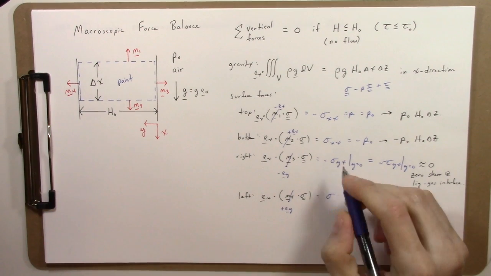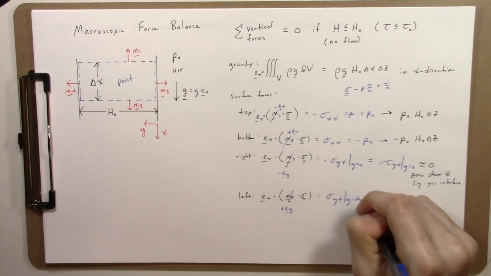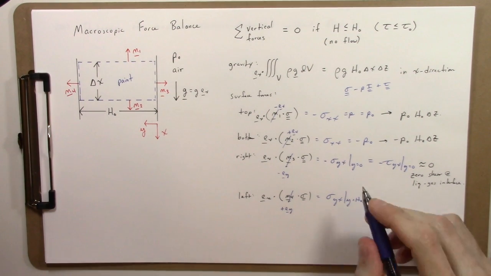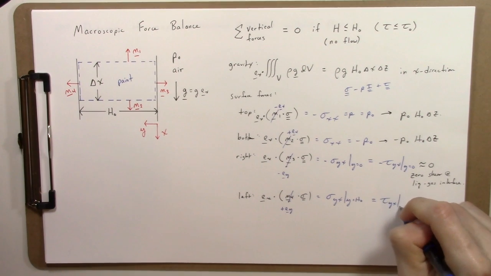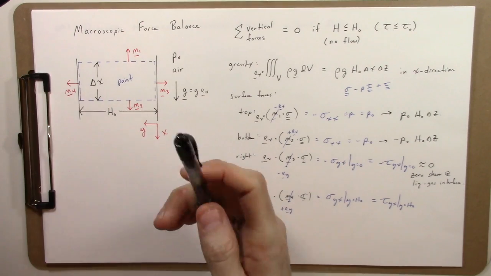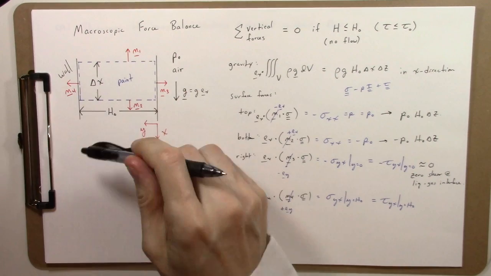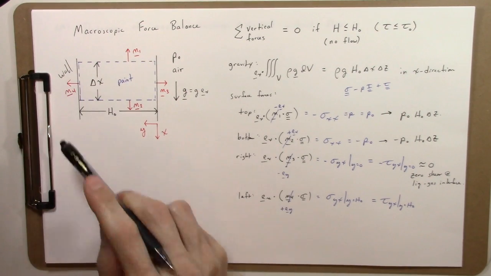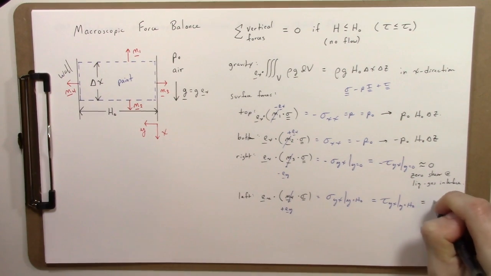So we want σ_yx at y equal to h₀, and that's the same as τ_yx at y equals h₀. Now that's the stress the solid wall, we have a wall over here, exerts on the fluid because n is pointing towards the wall. And so that's going to be minus the stress the fluid exerts on the wall.